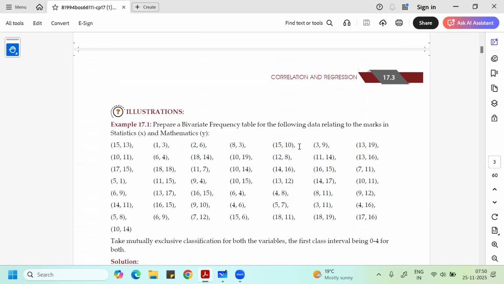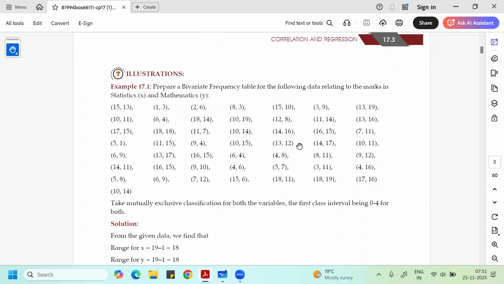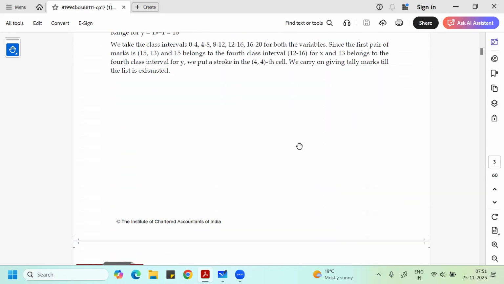Then you get a dotted relationship. If you draw a straight line on that dotted relationship, that line will tell you the strength or extent of correlation between the two variables.